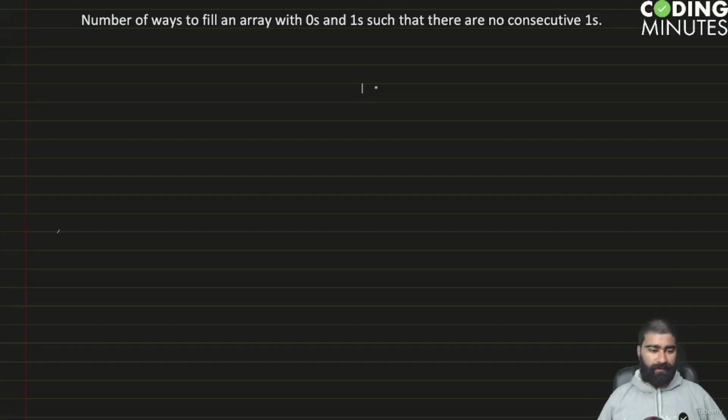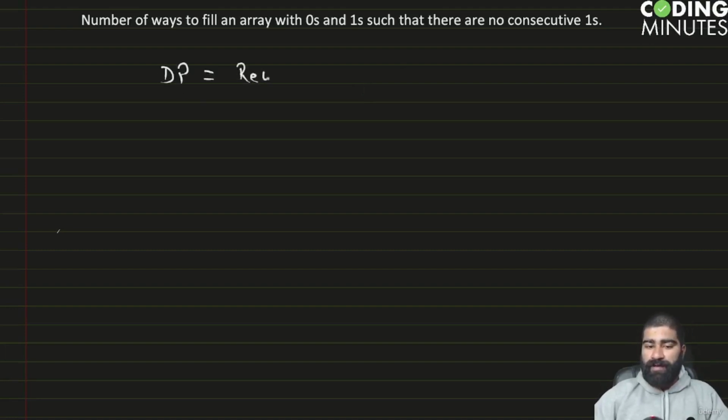Hello everyone, welcome back. In this lecture we'll understand how recursion plays a very vital role in dynamic programming. Basically dynamic programming, which is DP, is equal to recursion plus optimization, right?